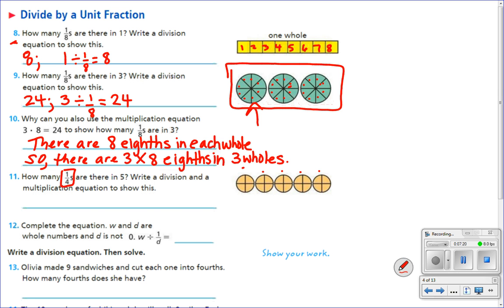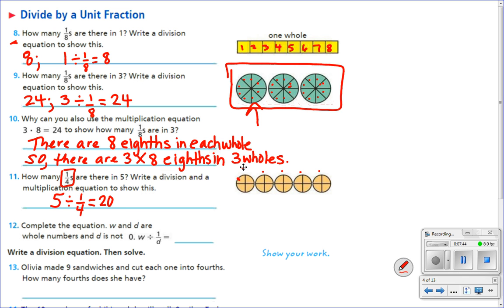So first I have to find out how many fourths are there in 1. Well, there's 4 fourths, so here's 1/4 here, right? So what would my division problem look like? 5 divided by 1/4, right? And how much does that equal?